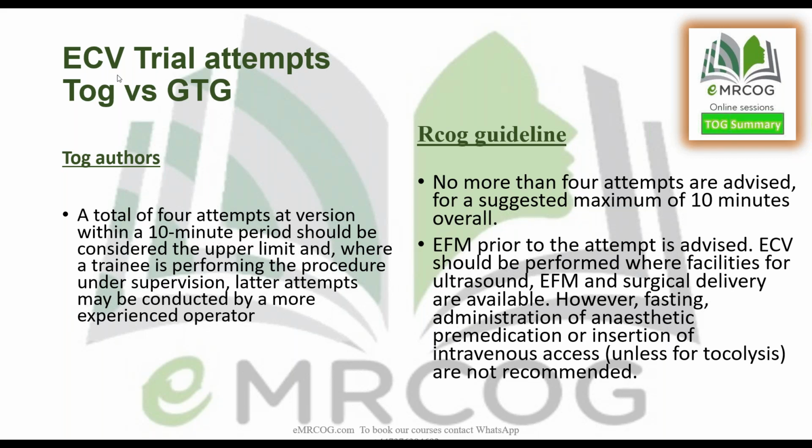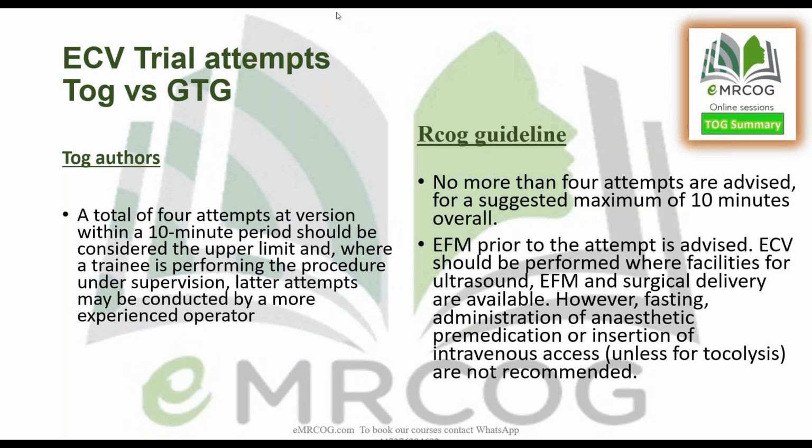Okay, what is the difference in the TUG article? In the TUG article, they discuss that it could be up to 4 attempts at version within a 10 minute period. This should be considered the upper limit. Where a trainee is performing the procedure under supervision, later attempts may be conducted by a more experienced operator.